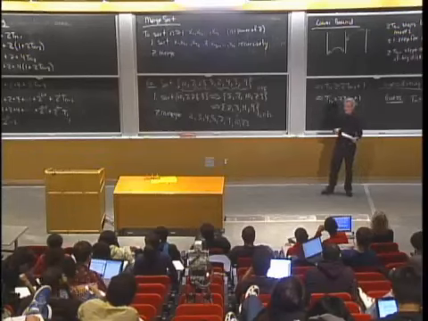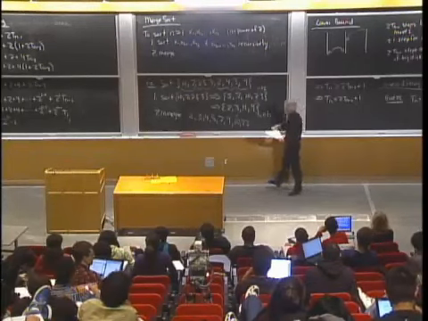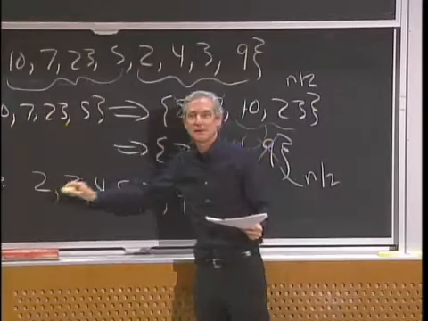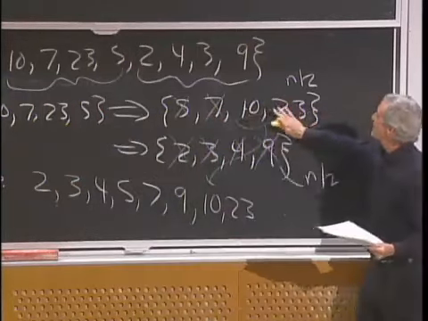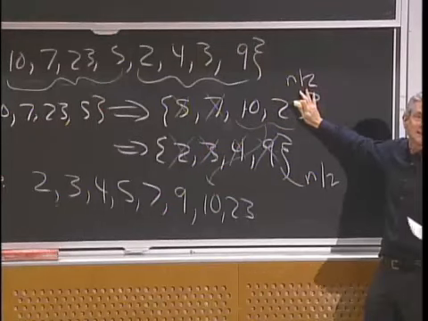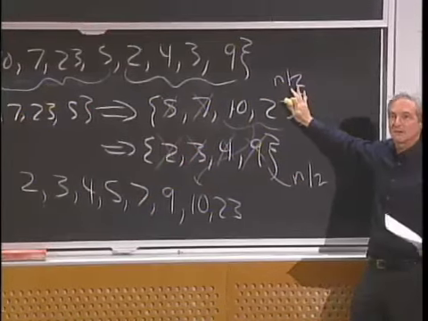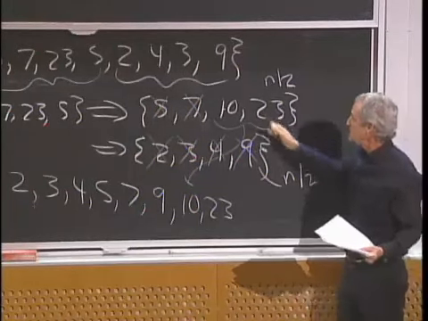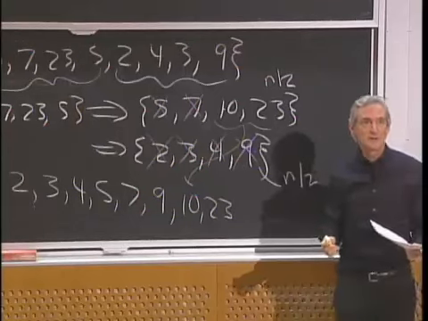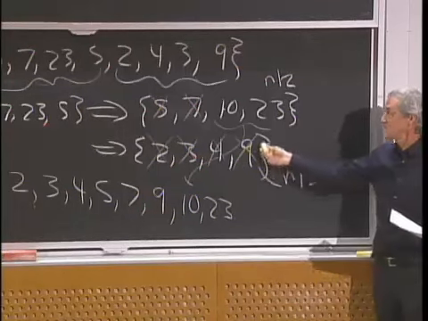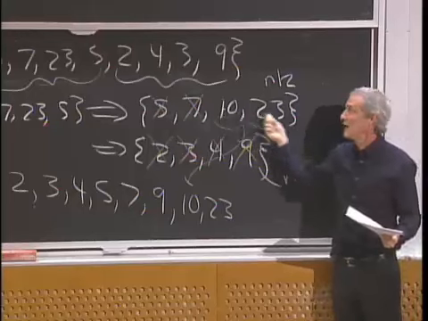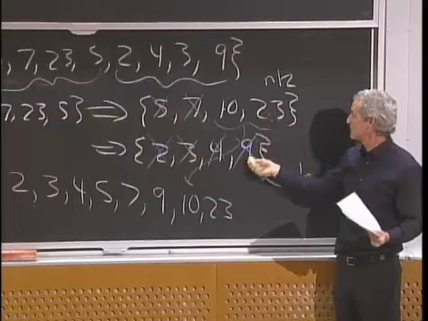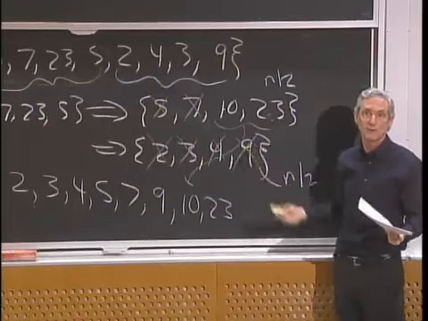N minus 1 is right, because every time I do a comparison, I pull an item and stick it in the list. But once I get down to the very last item, just one guy sitting there, I don't have to do a comparison. It's just the last guy. I know he's the largest. So it could go up to n minus 1 in the worst case. In this situation, I actually did n minus 2 because I was left with two guys at the end. I just bring them down. But it might have been that the next largest thing, the 23, was here, and then I would have done n minus 1.